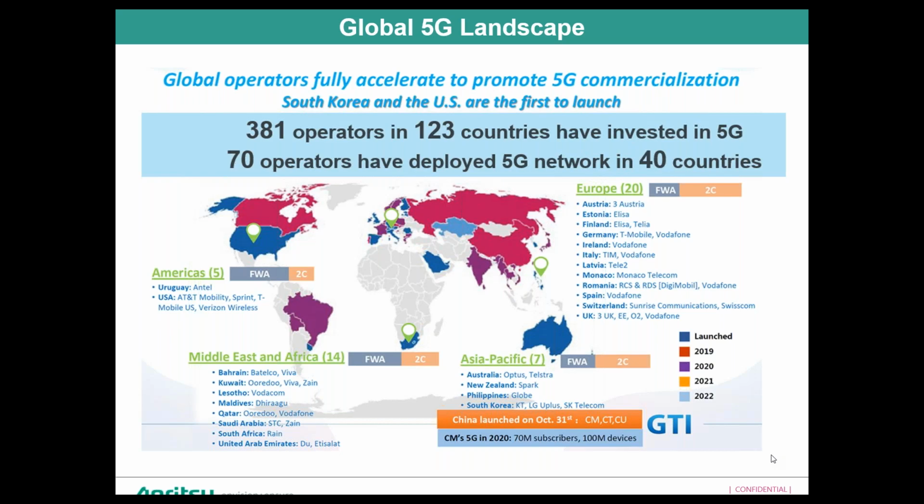And the 381 operators are those running trials and 5G evaluations to see what's coming in. Launching started in December 2018, we're probably a year and a half after that, and we can see how widely it is penetrating, right? So moving on, that's on the network side, on how the deployment is.